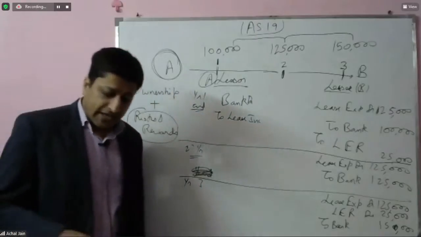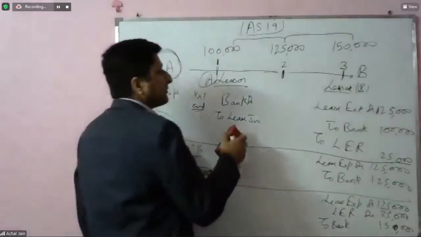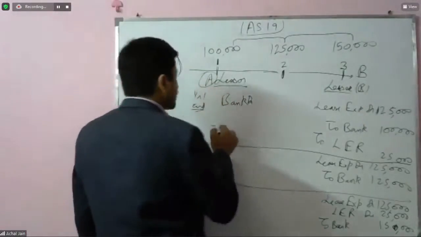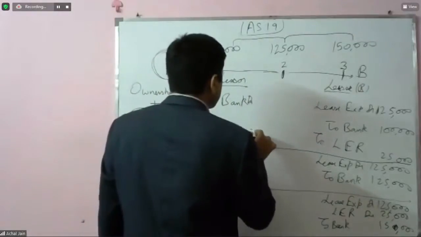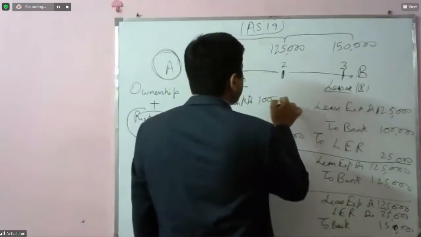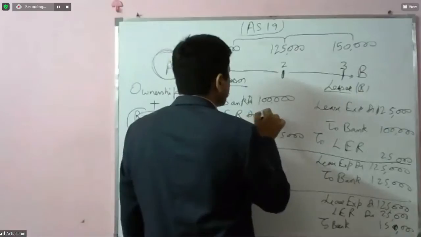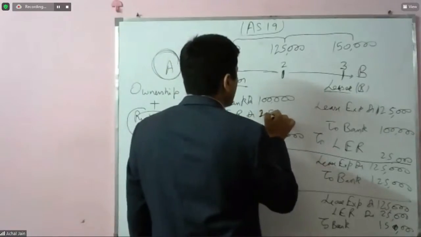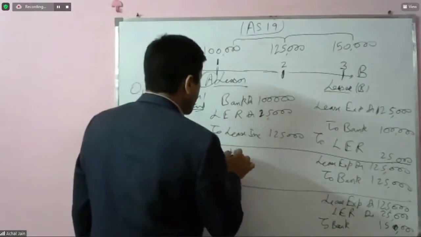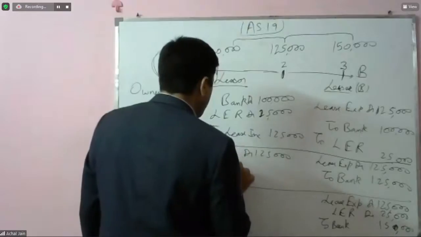Now, accounting entries for the lessor will be the mirror entries. So what will the lessor do? In the first year, the lessor will record lease income equivalent to 1,25,000. He will receive 1 lakh as income, so here again, we will say lease equalization. Next year, we will receive bank 1,25,000 to lease income.